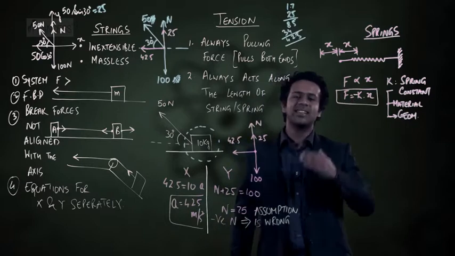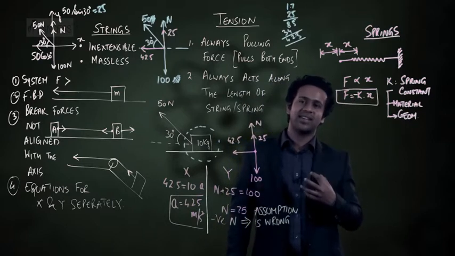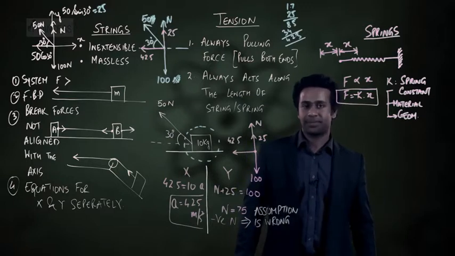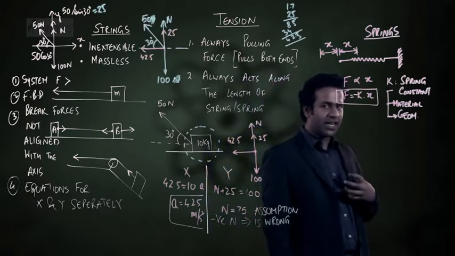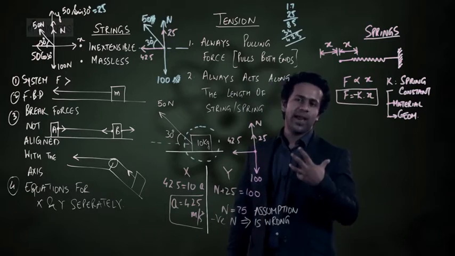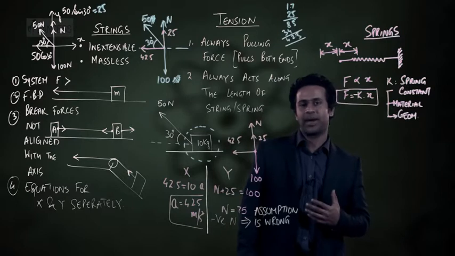So this minus sign implies that whichever direction x is in, the force acts in the direction opposite to that. Right. So in case of a spring, if you change the length by amount x, the force offered is equal to K into x, where K is called the spring constant of that spring.